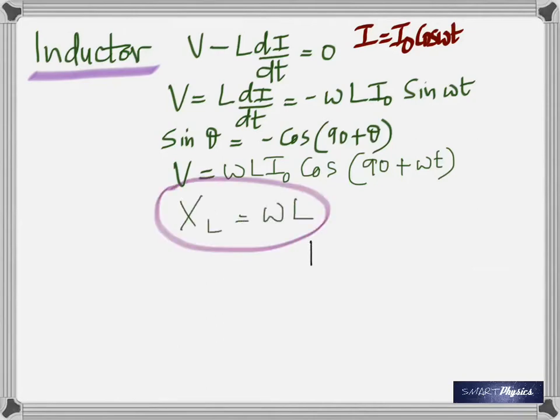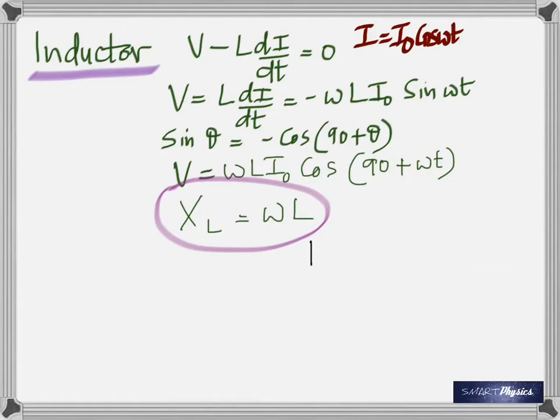Watch this new term. This X stands for reactance. So you have resistance and you have reactance. Why do we call them differently? Because resistance does not depend on frequency. Resistance is the same at 50 hertz, or 60 hertz, or 1000 hertz. But a reactance depends on frequency.